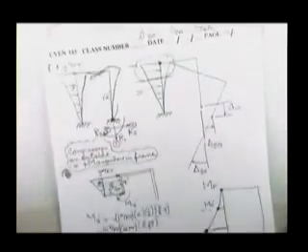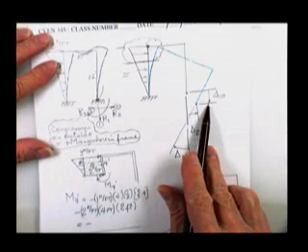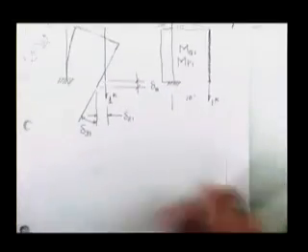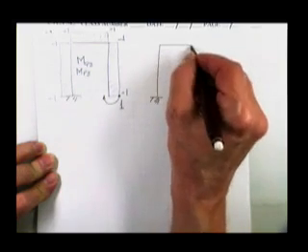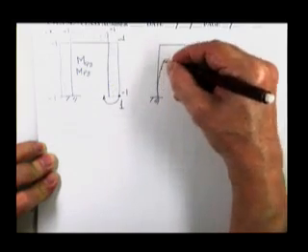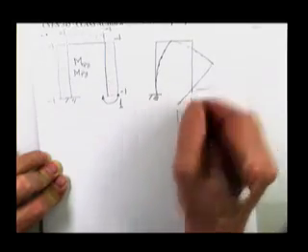Here's our job. Our job is to make delta 1 go away by a judicious selection of R sub 1 causing these deflections, and R sub 2 causing these deflections, and R sub 3 causing these deflections.